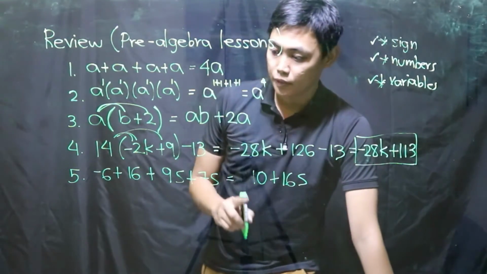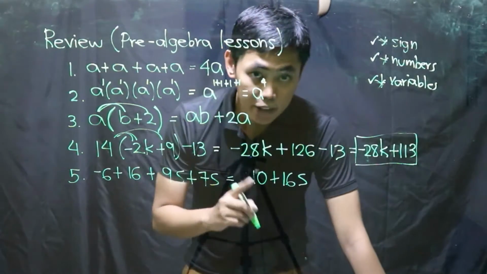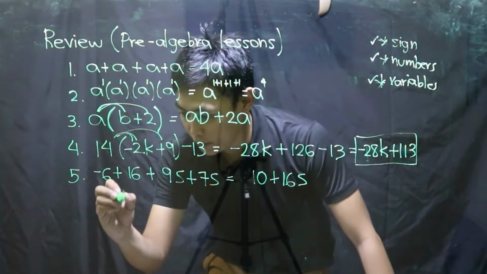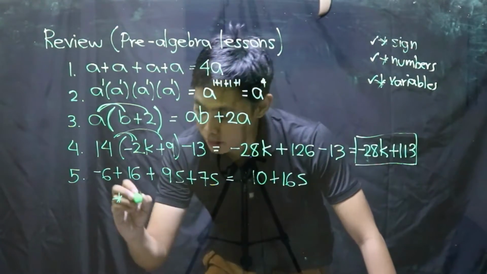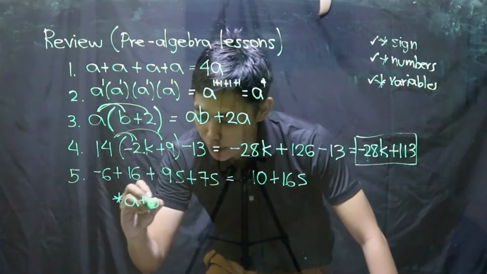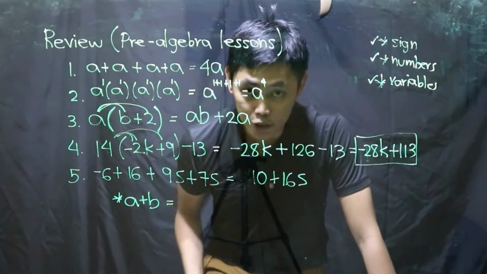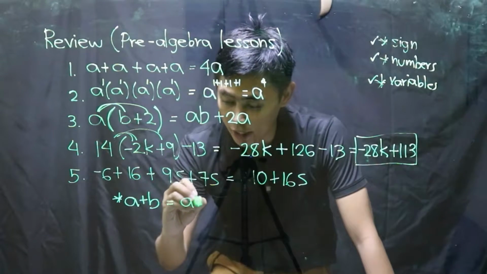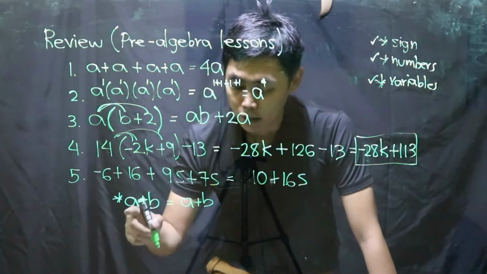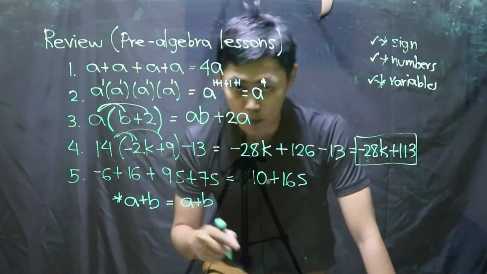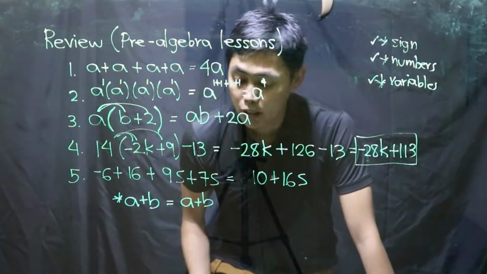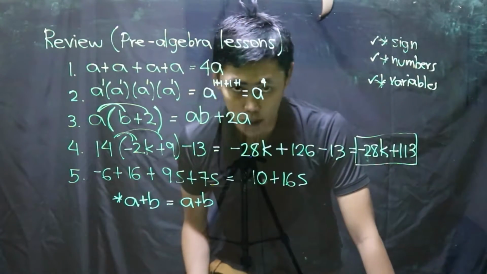So 9s plus 7s is equal to 16s. So here are things to remember further. You cannot add a plus b because you cannot combine them. So the answer is still a plus b. x plus y is still x plus y. That is the simplest term. You cannot add them as well.